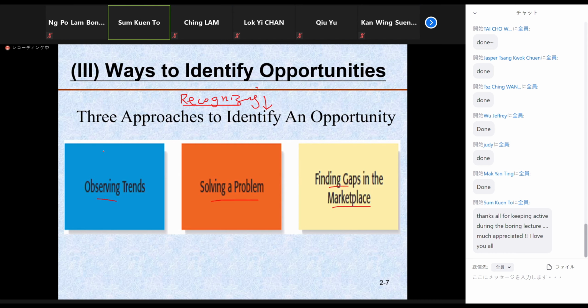So as far as observing trend is concerned, this is externally stimulated. Solving problem, you encounter some problem. This is internally stimulated. And as far as finding gaps, it can be both externally or internally stimulated.